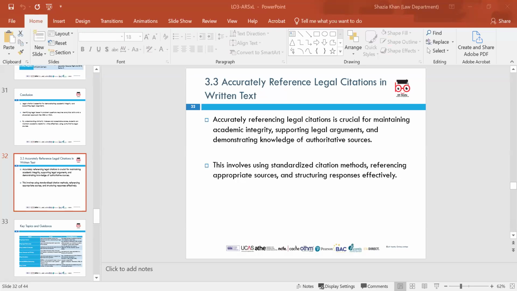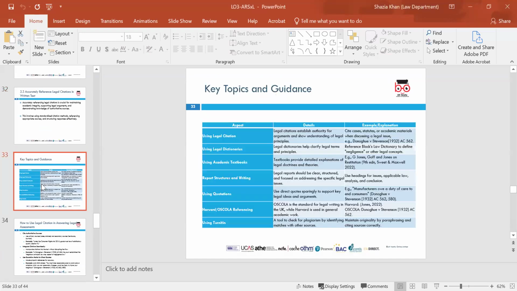So the next slide identifies a table of contents, which looks at using legal citation, the details, and using legal dictionaries. Using legal citation establishes authority and shows understanding of legal principles. The examples are citing cases like Donoghue v Stevenson.